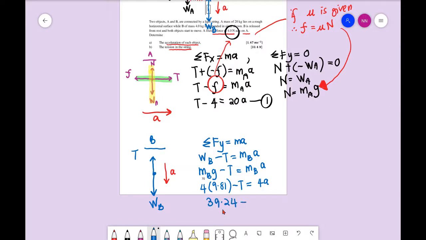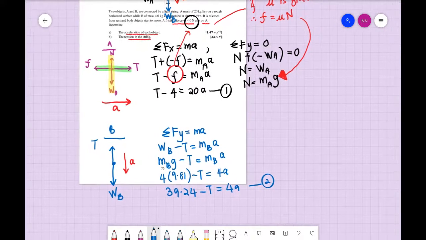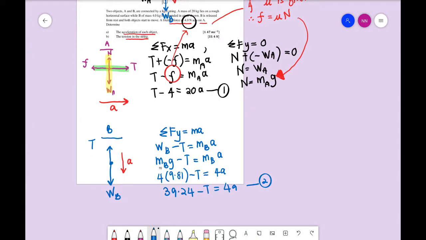So 39.24 minus tension equals 4A. So we have a second equation with two unknowns, which are tension and A. The rest is mathematics, for you to determine tension and acceleration.